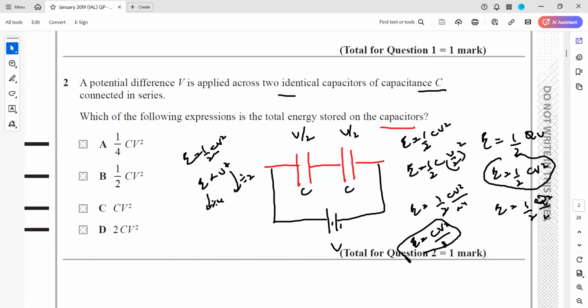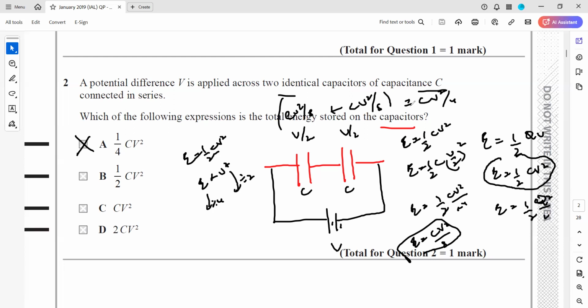That is the energy in one, but we need it for two. The energy in each is CV square by 8, so the total energy is the sum: CV square by 8 plus CV square by 8, which becomes CV square by 4. So CV square by 4 matches with option A.